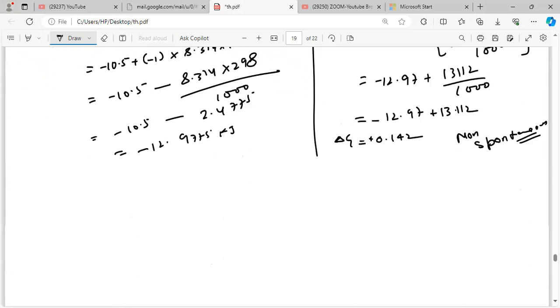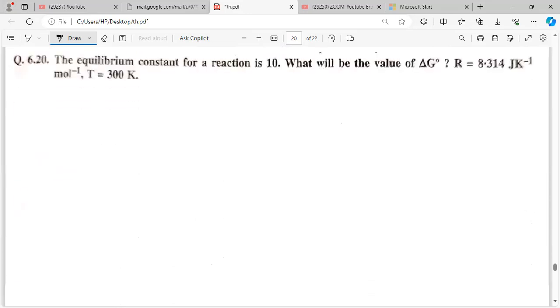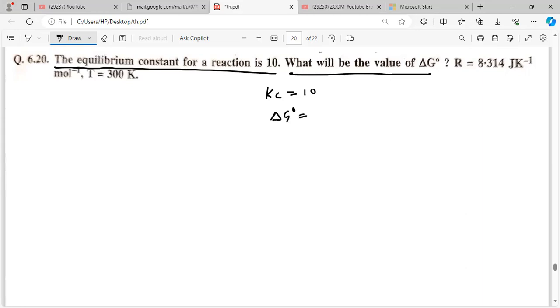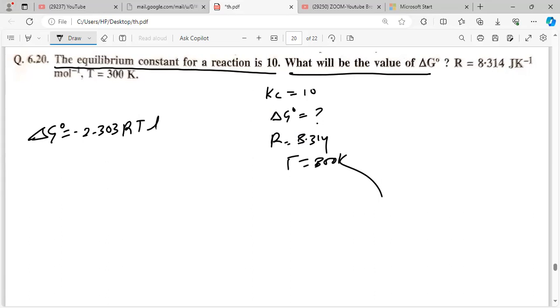Now the next question you see here. The question is saying the equilibrium constant for the reaction is 10, means Kc is equal to 10. What will be the value of delta G naught? They are asking delta G naught. R value they have given 8.314. Temperature they have given 300 Kelvin. So it is very easy. Delta G naught is equal to minus 2.303 RT log Kc.